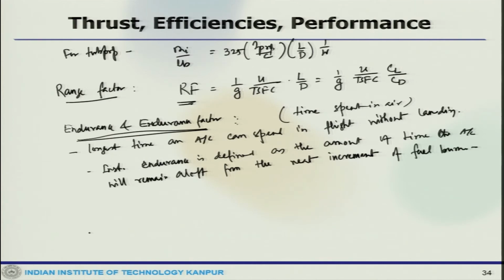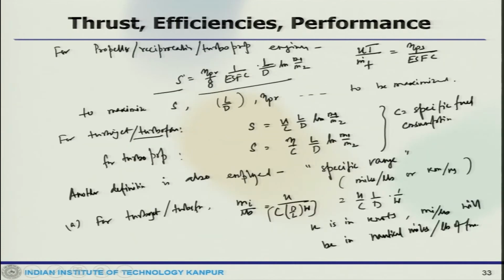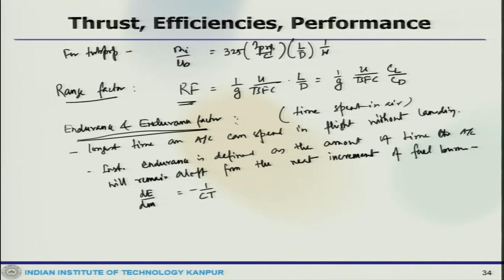So, we can express that dE, let us say E is endurance, is minus 1 by C T. C already we have defined, that is the specific fuel consumption. Then what we can get, E is integral m1 to m2 dm by minus C T, which is minus m1 to m2 L by D dm.